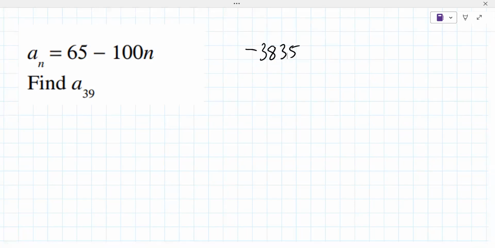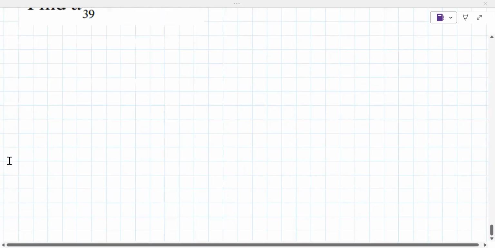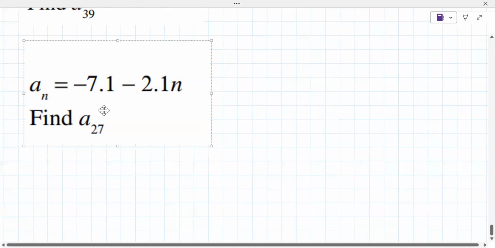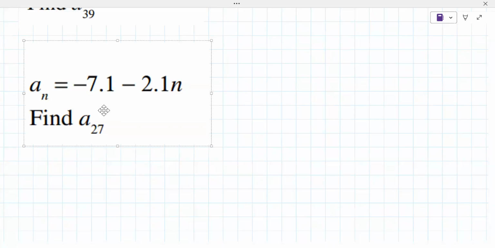All right, so here's another one you might see. You will have a calculator, I think. So this won't be that bad, but they can throw in decimals, even fractions. Negative 49.6.